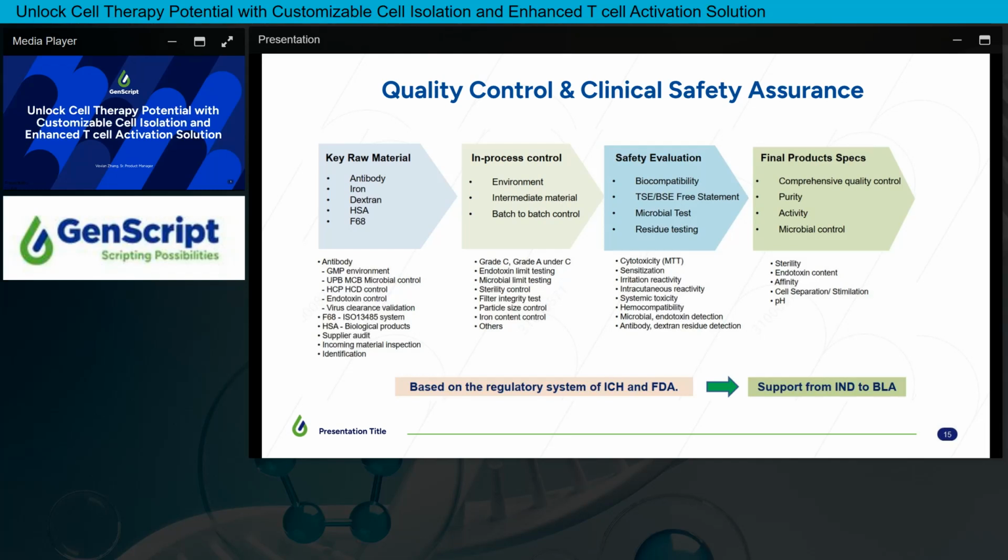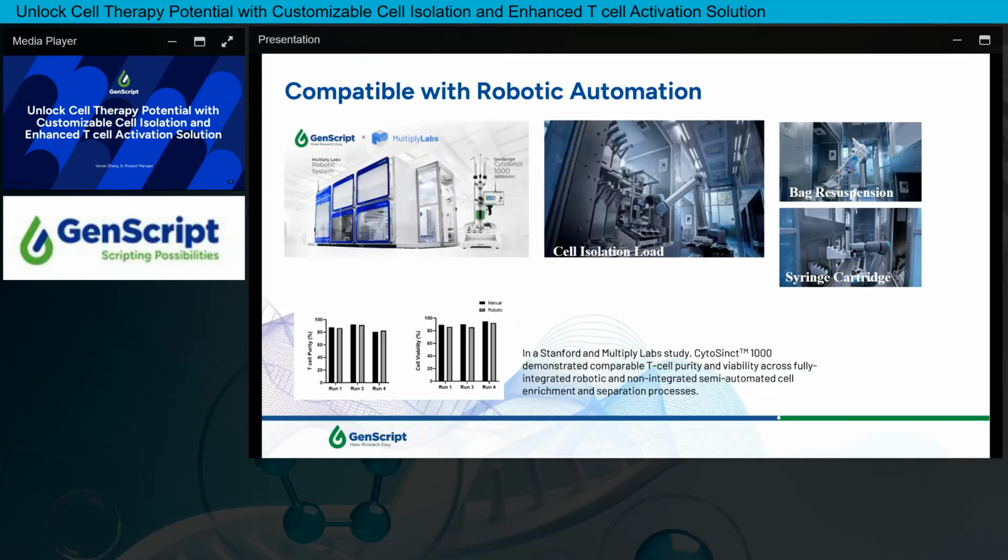And the beads that we provide will go through strain quality and clinical safety assurance before they are delivered to you. They will be compliant with the quality standard in our cGMP facility, to support from IND to BLA.